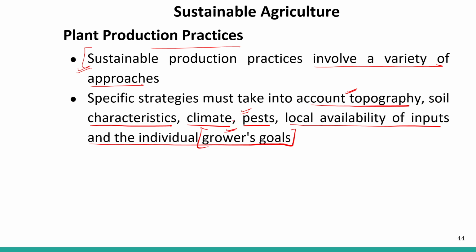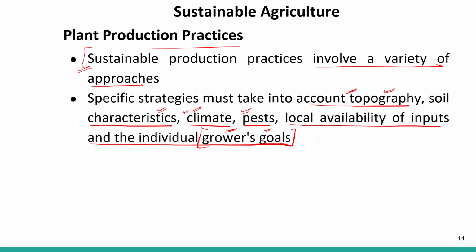What is their requirement? Whether this topography suits growing that particular crop or not, whether the soil characteristics match that particular crop or not. What climatic conditions are going to favor it, because we are not able to change the climate, right?